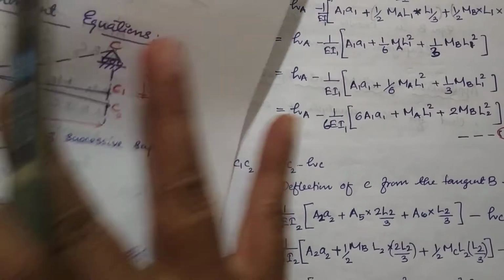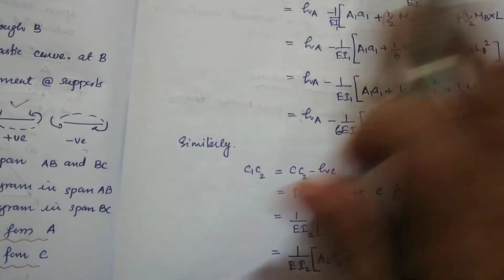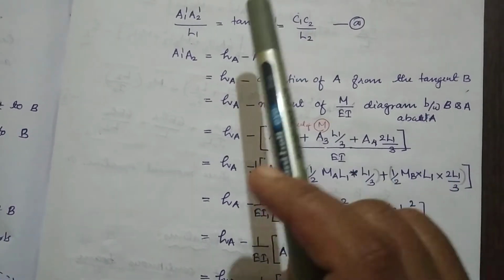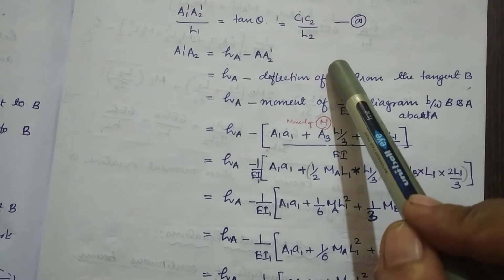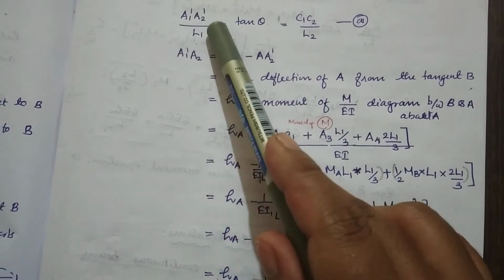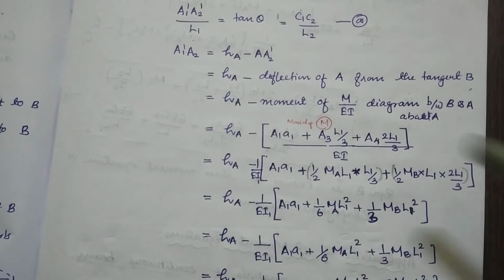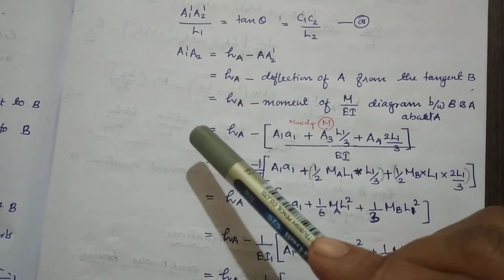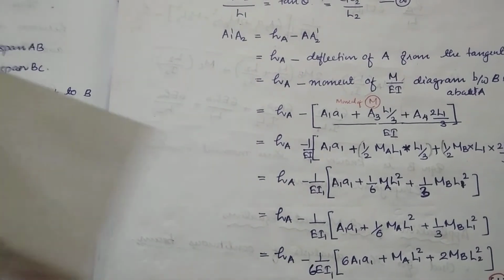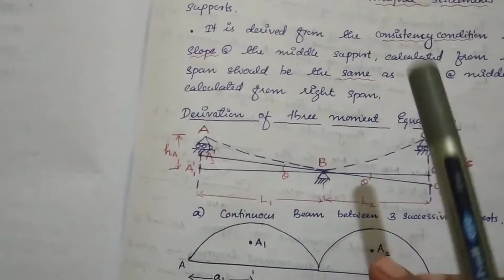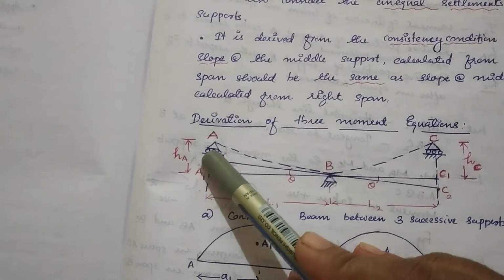This is our expression. So we can write that expression like this: A1 A2 divided by L1 equals tan theta, equals C1 C2 divided by L2. Here we want to write A1 A2 in terms of HA. So from this figure we can see what HA and HC are. We want the expression for A1 A2, the small distance.